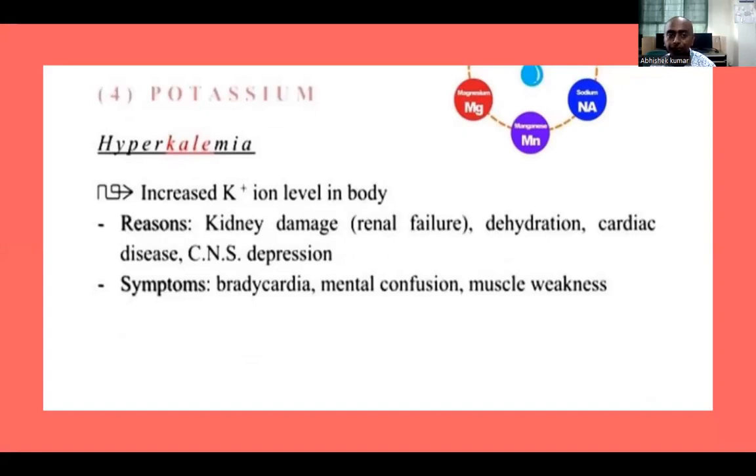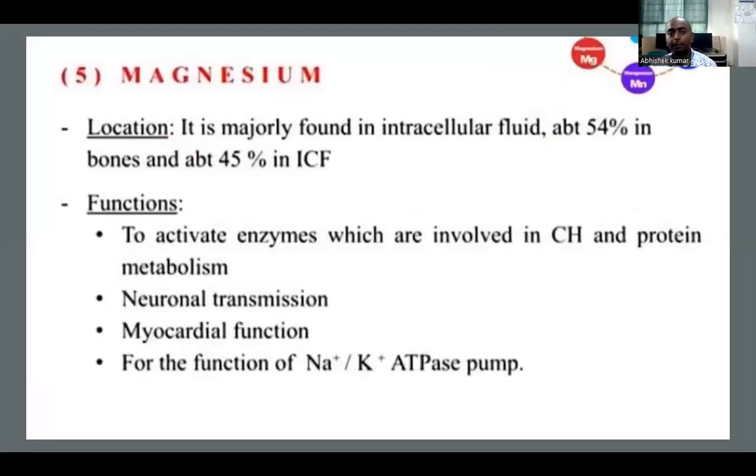Hyperkalemia is when the potassium ion level increases in the body. Reasons: kidney damage, dehydration, cardiac disease, and CNS depression.